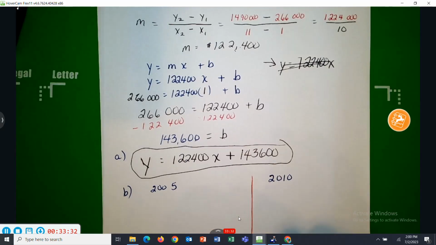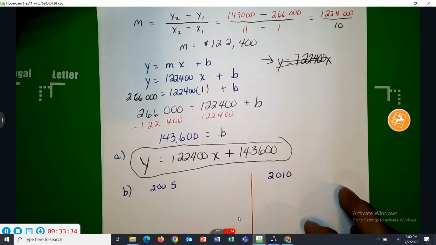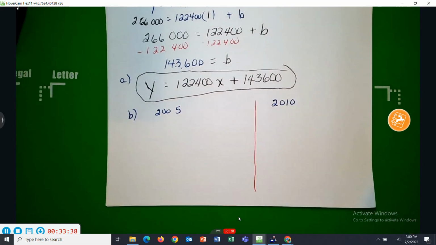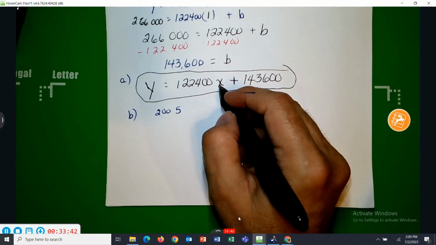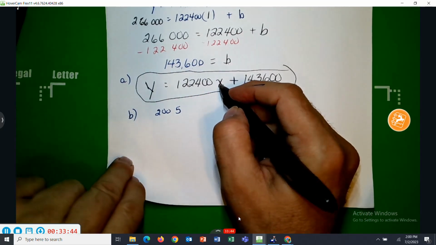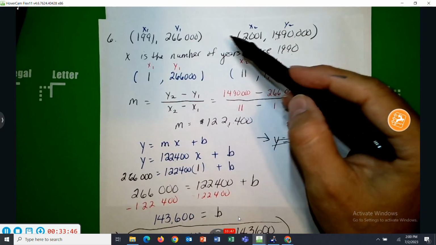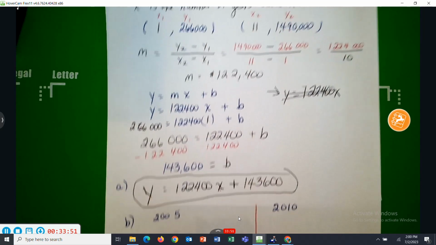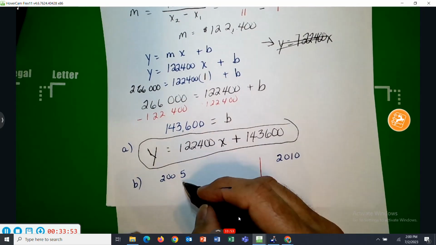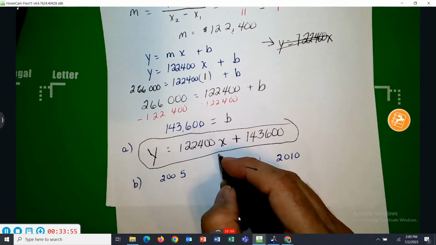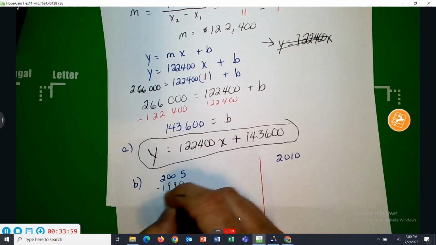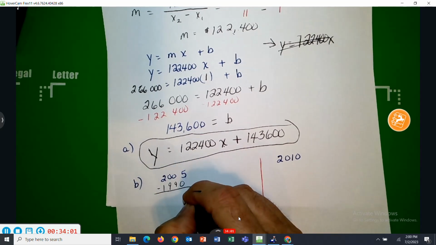Well, remember, X is the number of years since 1990. See, X is the number of years since 1990. So we're not going to plug a 2005 in for X. What are we going to do? Well, let's subtract 1990 from 2005.